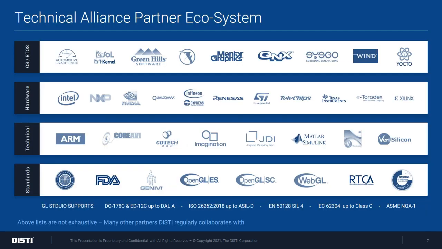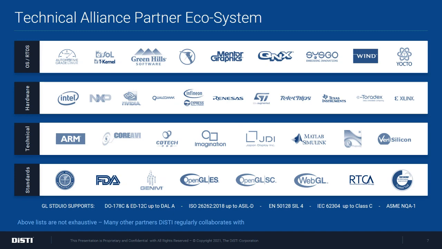So in order to do this, we need to have a pretty robust partner ecosystem. Everybody from different operating systems, RTOS providers like our friends at Green Hills and QNX and Wind River, out to all the different hardware providers such as NXP, Qualcomm, Telechips, Xilinx for a few.